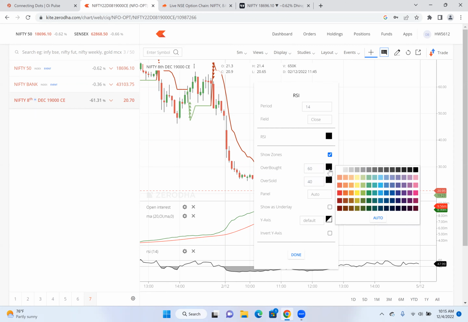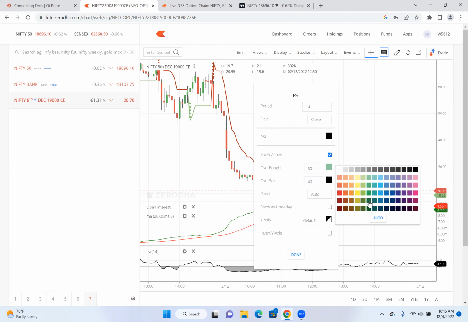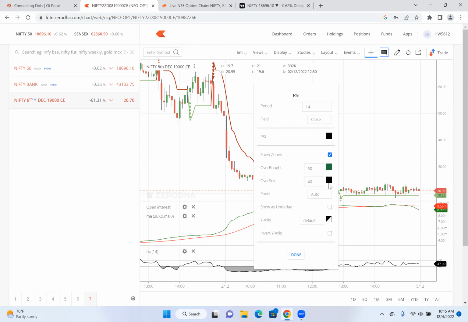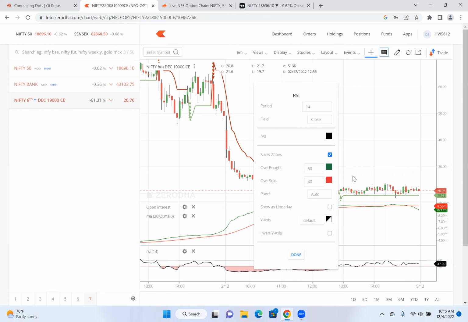Let me just change the color for visualization purposes. Extremely sorry for this. I need one more indicator, the RSI indicator.